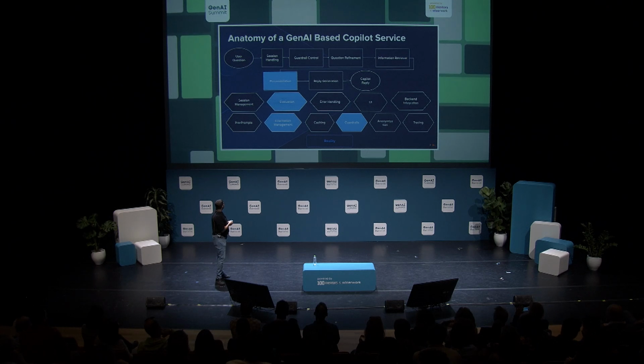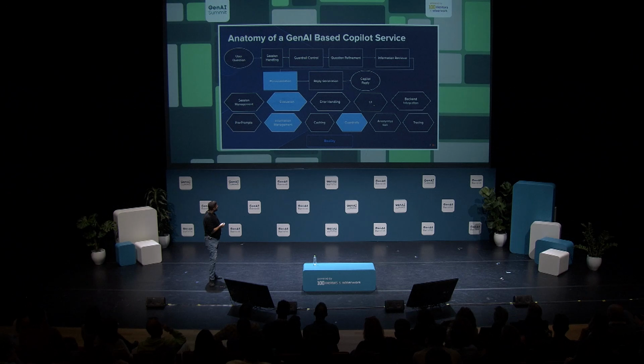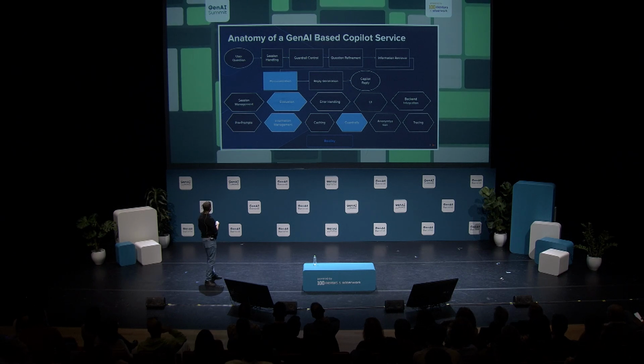answer the customer. And besides that, you also need to manage the sessions, have an evaluation system, manage errors, have the UI, integrate with every other backend service of your system.